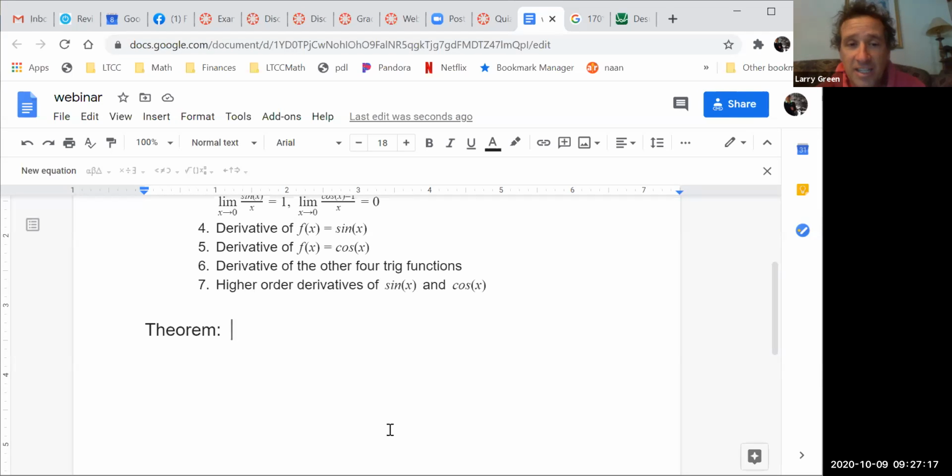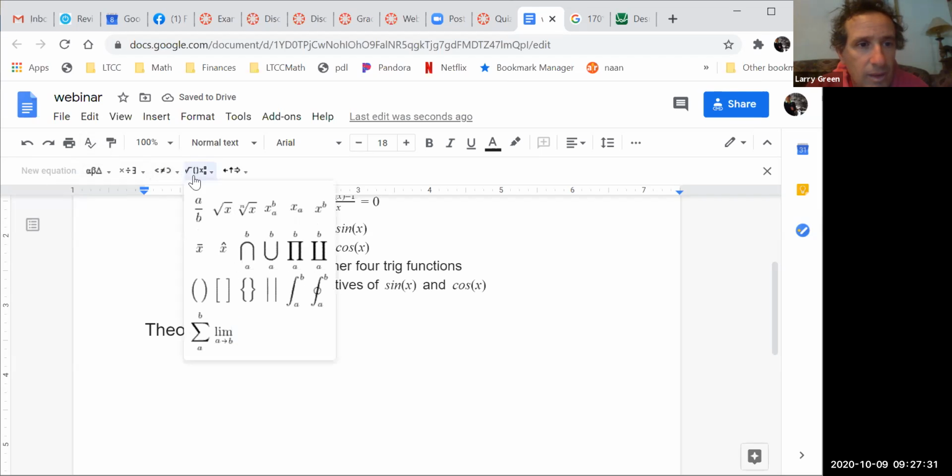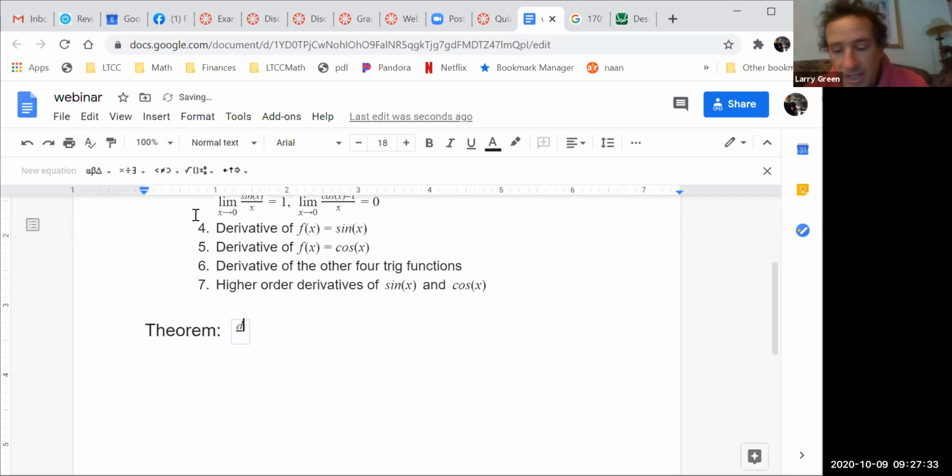Usually you call it a conjecture. And if you can prove it, then you turn that word conjecture into a theorem. Those are just some language. So the theorem is that the derivative, d over dx of the sine of x, is equal to the cosine of x.